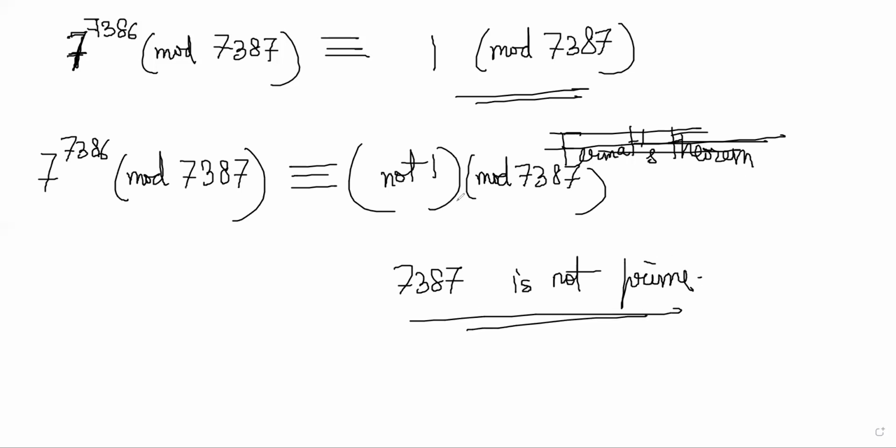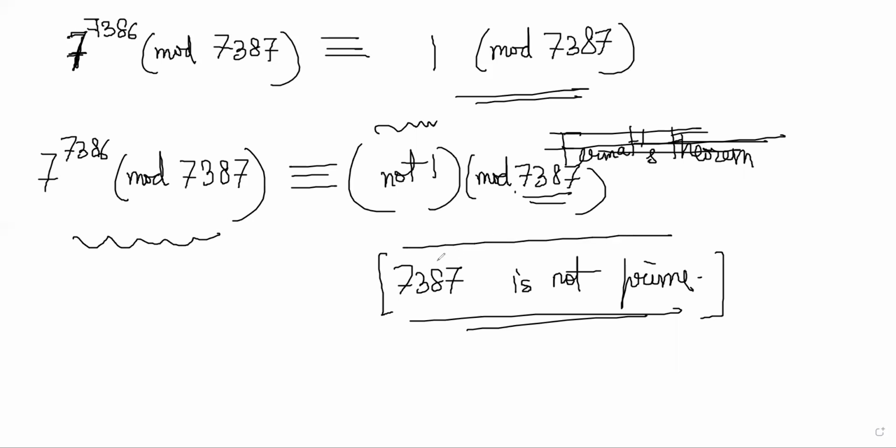If we find the answer and it comes out not 1, then for sure it is not prime, because if it was prime, Fermat's theorem would apply. You understand what I'm saying? If it was a prime, then by Fermat's theorem a power p minus 1 mod p should be 1. And if it was not 1, that means it is not prime.